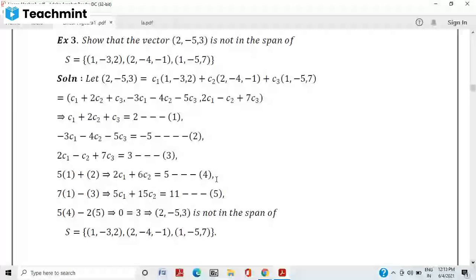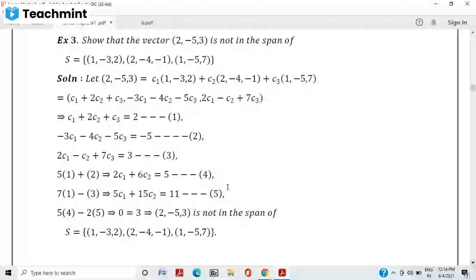You can simplify that into row reduced echelon form. Then if the system is not consistent, we can say that it doesn't have a solution, therefore it's not in the span. Or we can combine any two equations and find the values for C1, C2, C3.